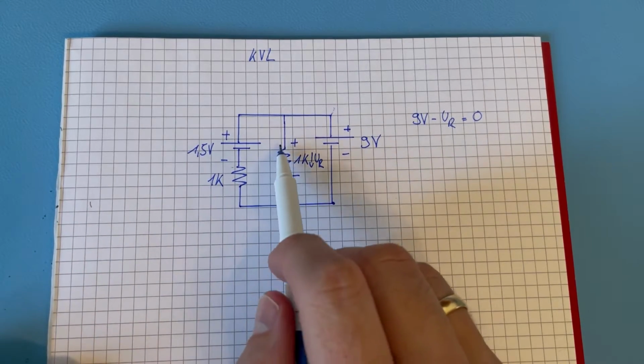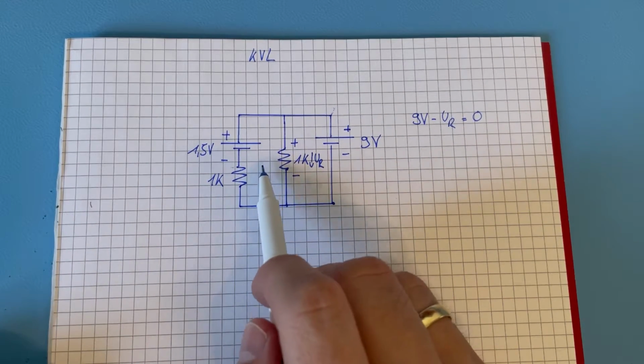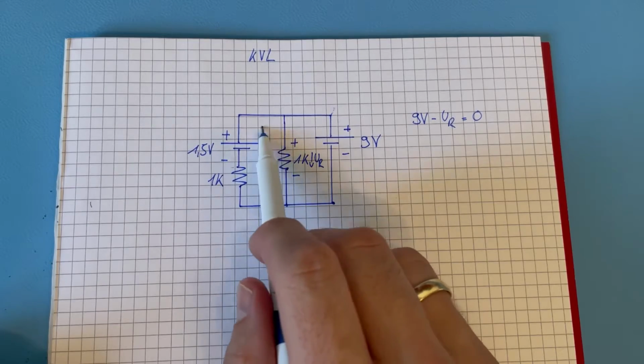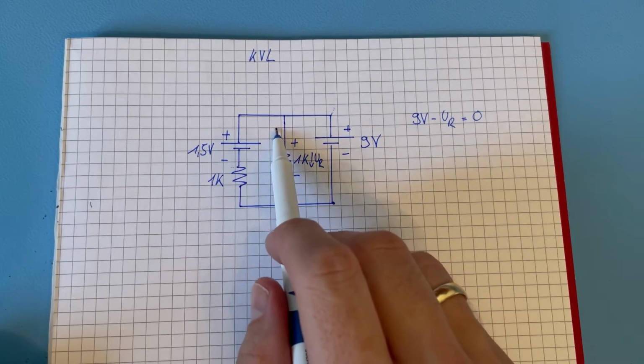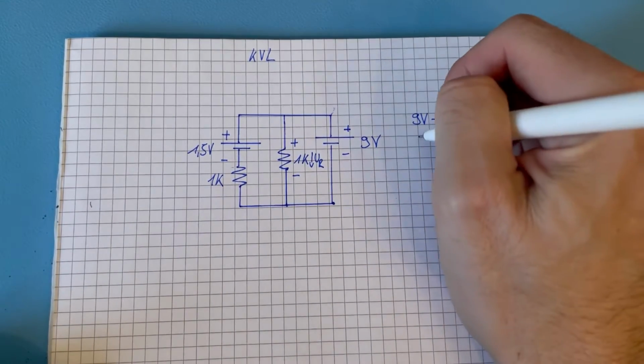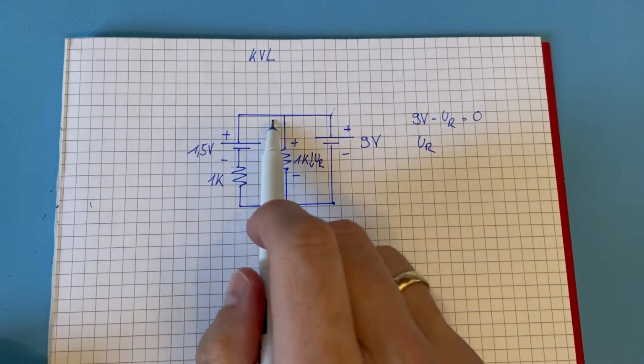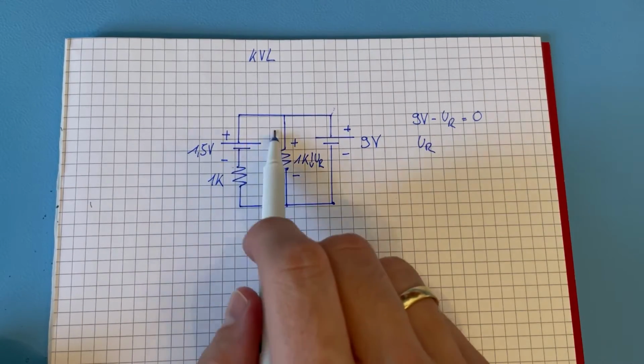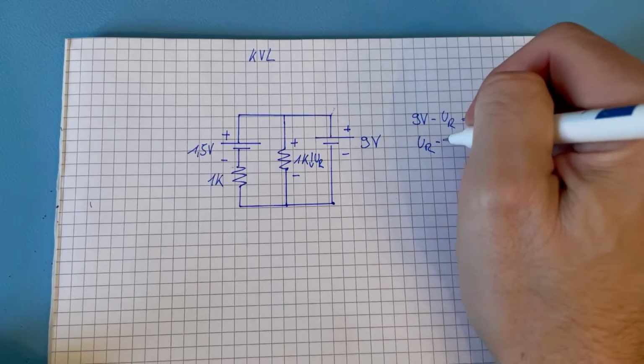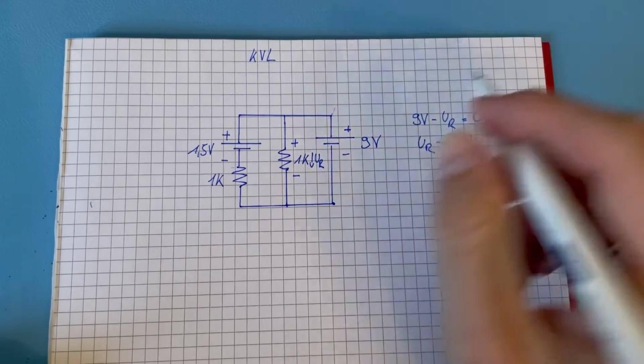Then watching the other mesh, we take this direction as positive, so UR, then this 1.5 volts is against our direction, so minus 1.5 volts.